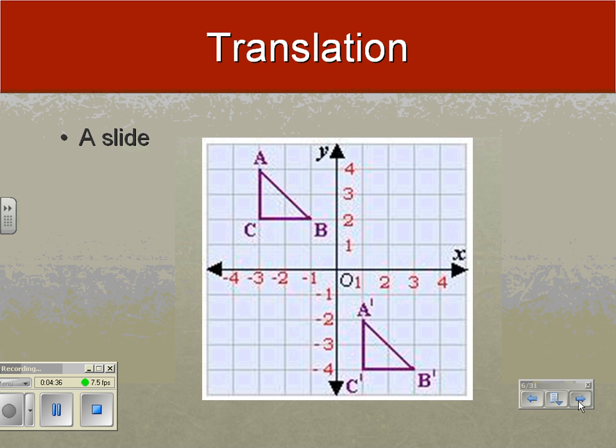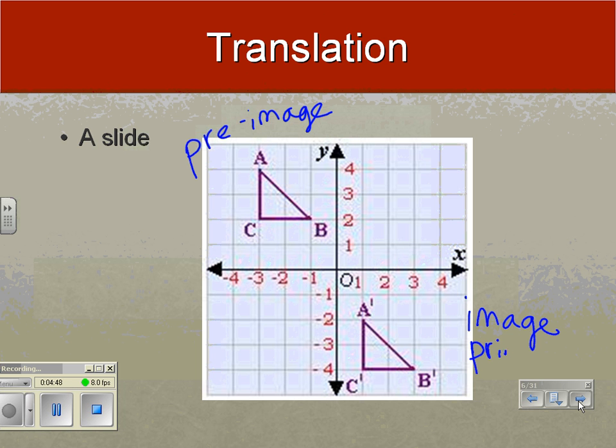Another example of a translation, and in this one we're going to figure out how it was translated. First we're going to label our pre-image and our image. So this is prime or new, and this one is the original. To figure out the translation, we're just going to take one of the points, for example B, and see how the figure was translated so that we get to B prime.